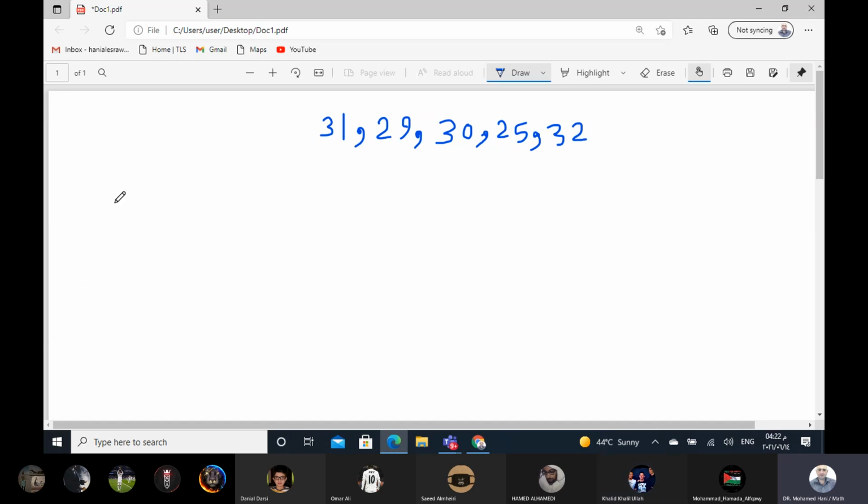And we want to find the mean absolute deviation. When you want to find the mean absolute deviation, the first step, find the mean.